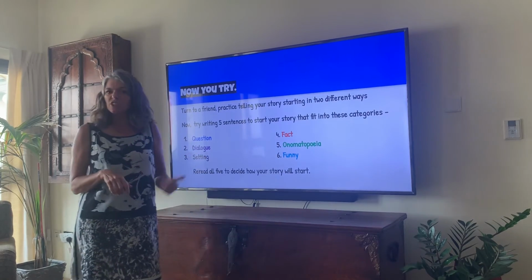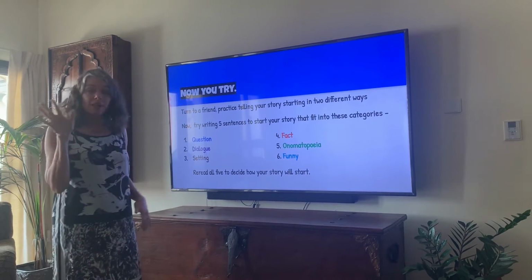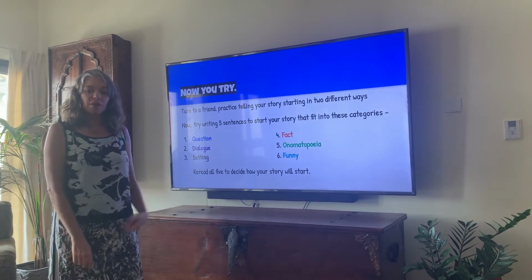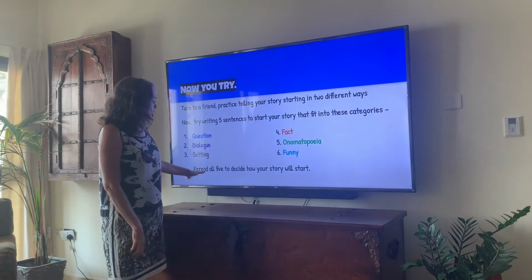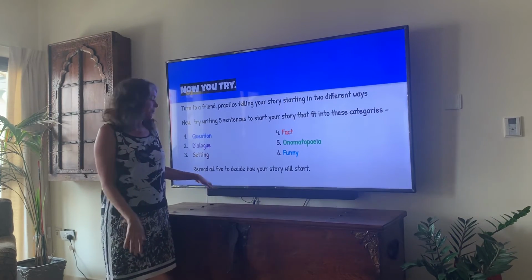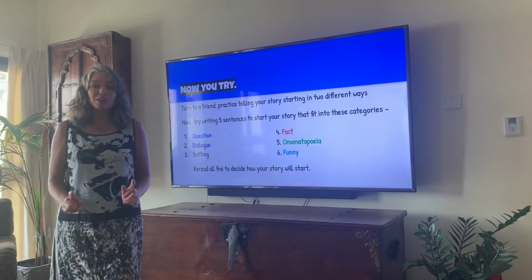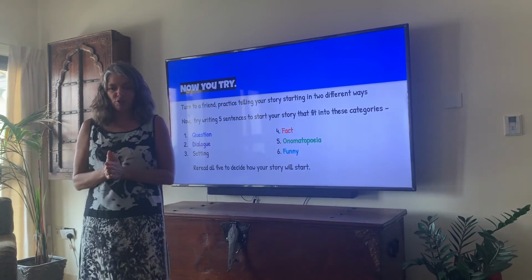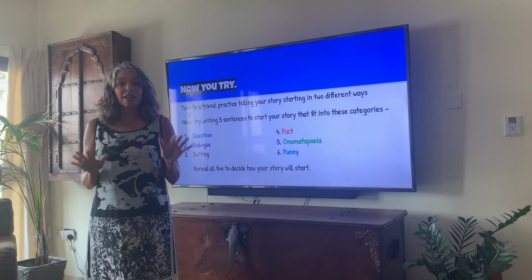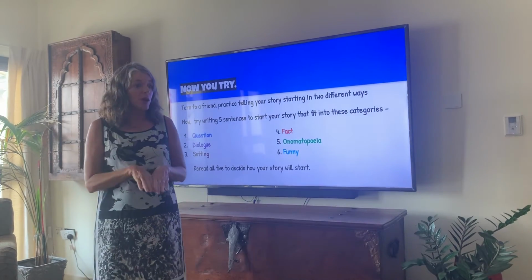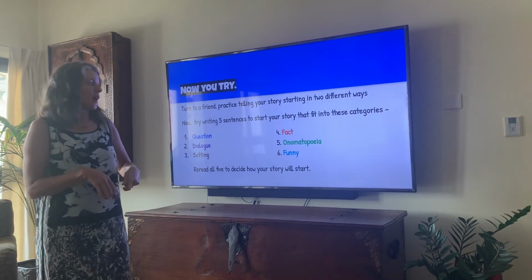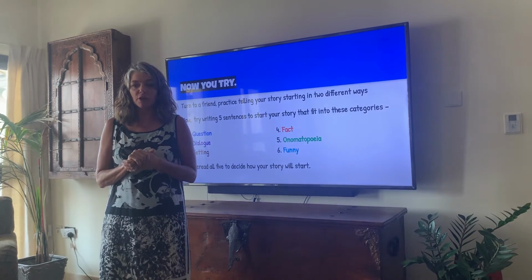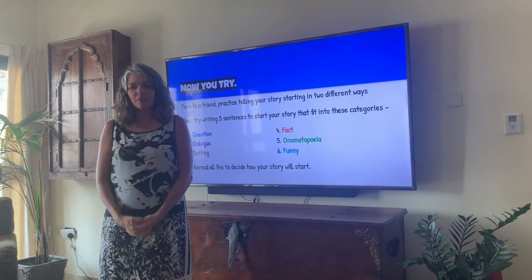So if there's one here that you're not quite sure of, when I'm walking around in a minute and watching what you're writing, you can ask me about it. But just try 5. Reread all 5 at the end after you've written them. We're going to reread all 5 and you're going to see which is the way you'll start your story. Now you're working with your writing partner who you know well to write these 5 sentence starters and to talk, right? Your writing partner is your talking partner. Okay, your turn to try.